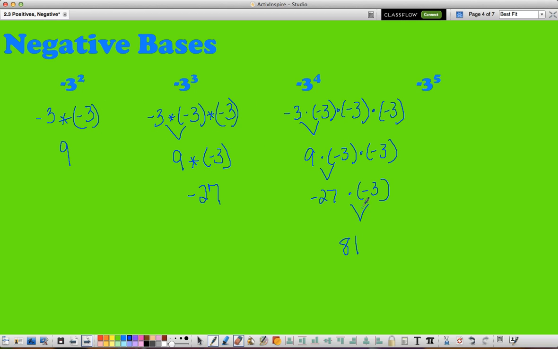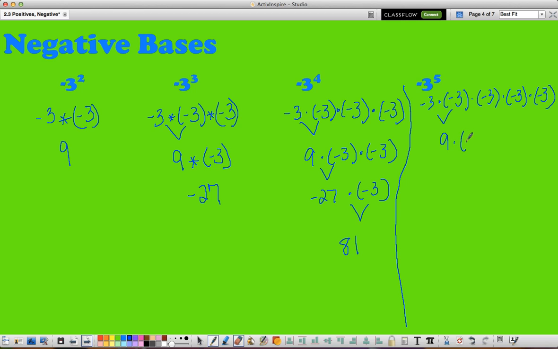So based on this, I want you to take a guess as to whether your answer or your solution is going to be positive or negative. All right, so then let's take a look. Put a line here. So I have negative 3 times negative 3 times negative 3 times negative 3 times negative 3. 1, 2, 3, 4, 5.